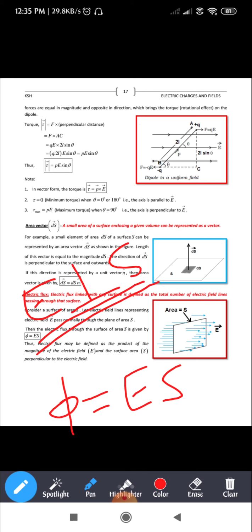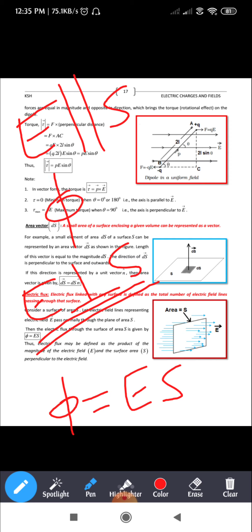So let us take the next case, when the electric field lines are parallel to the surface. What happens? Just imagine it yourself. In the figure it is perpendicular, just make it parallel. When you keep the surface parallel to the direction of the electric field, the electric flux will be equal to 0.